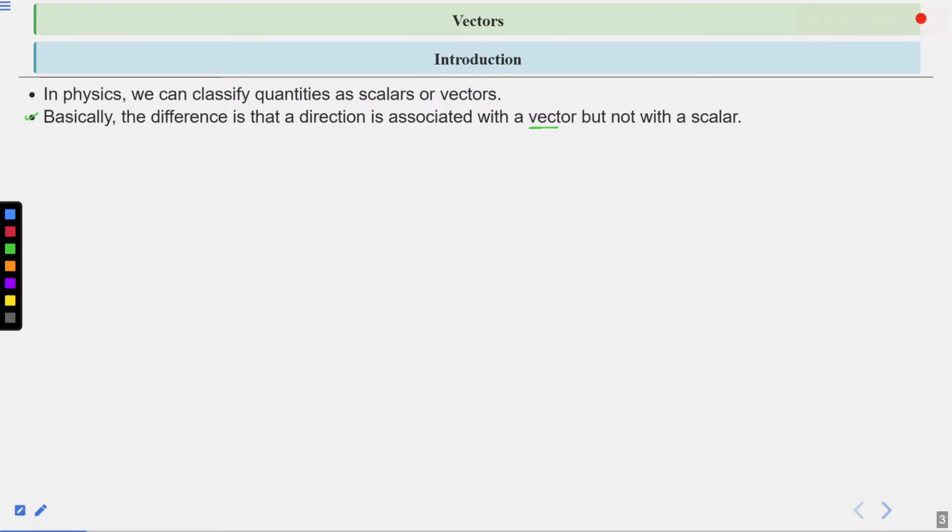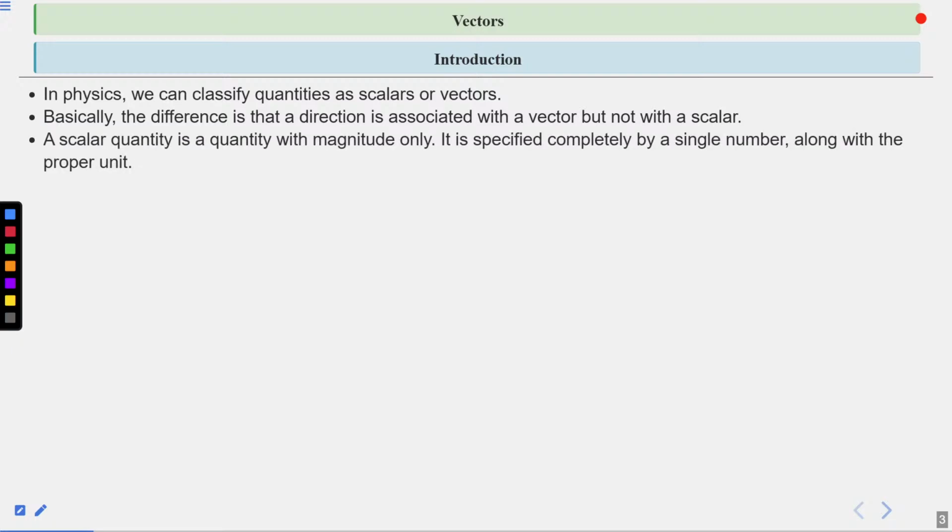So we know a vector has both magnitude and direction, whereas a scalar quantity is a quantity which has magnitude only. So here the question arises, what is magnitude? It is specified completely by a single number along with its proper unit.